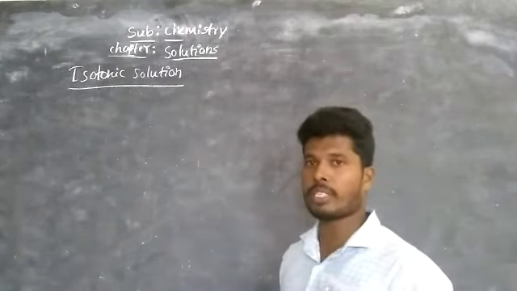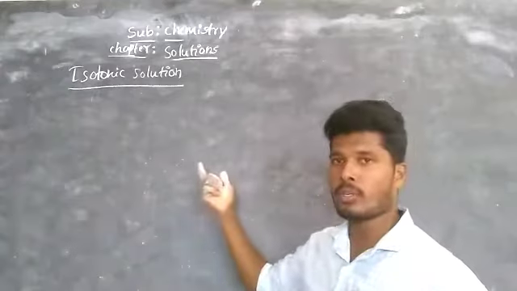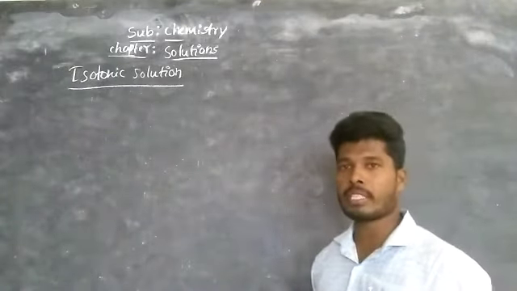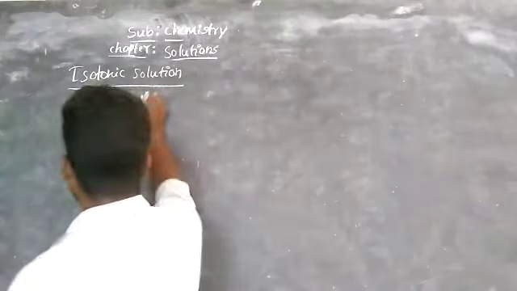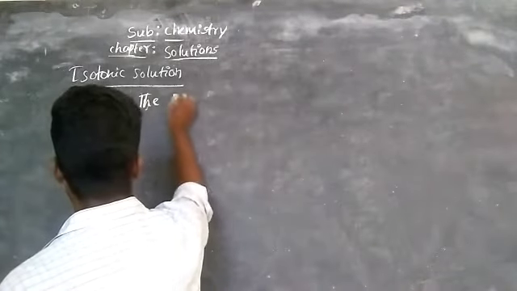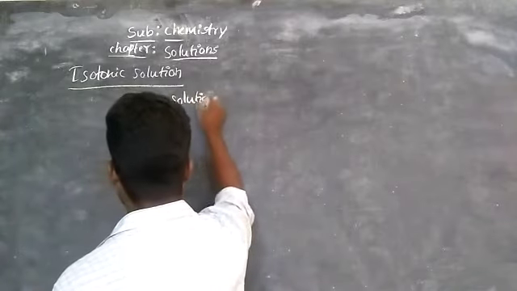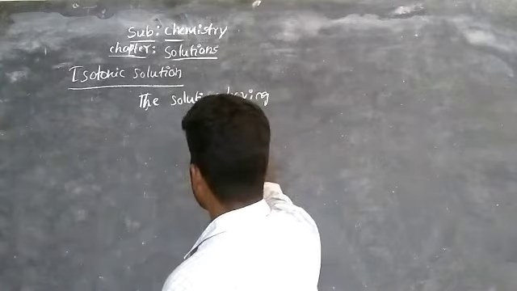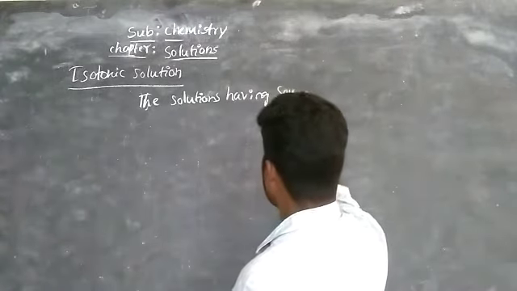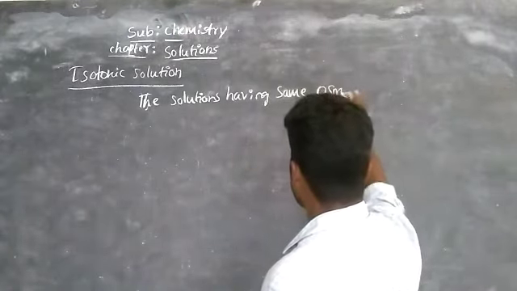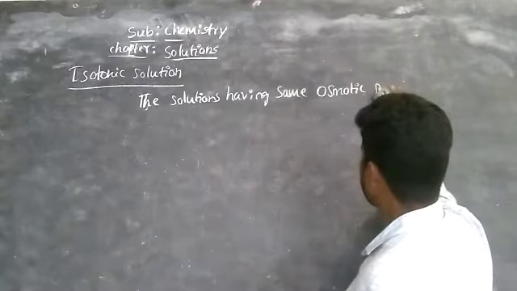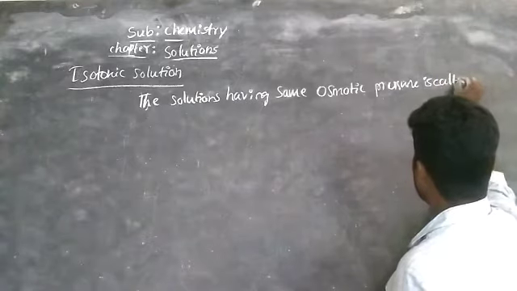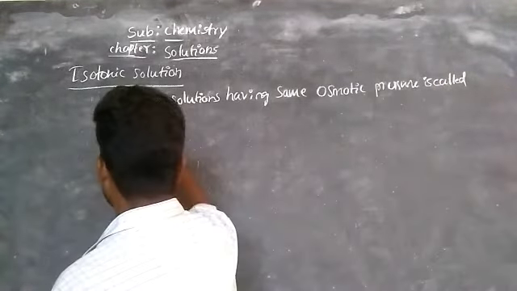Then an isotonic solution is defined as: the solutions having the same osmotic pressure are called isotonic solutions.